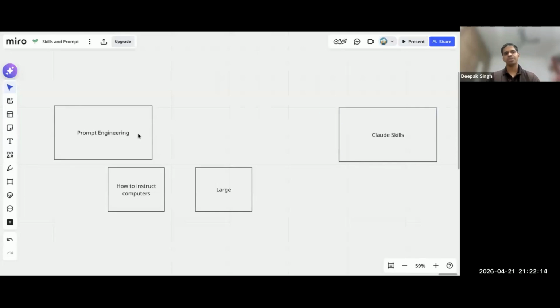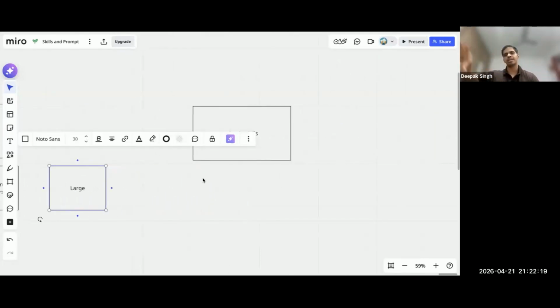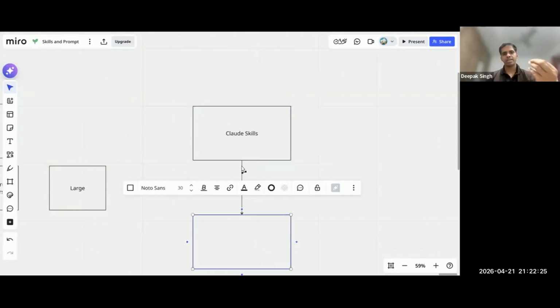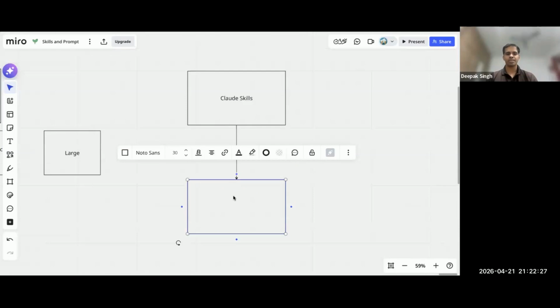So this prompt engineering, where we started this entire revolution of LLMs, finally got systematized through Claude skills, which is like prompt plus plus, but ultimately it's basically a set of prompts stored as .md files. And these .md files are getting borrowed by Claude.